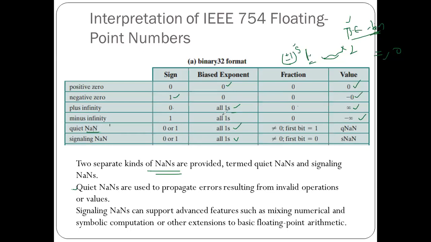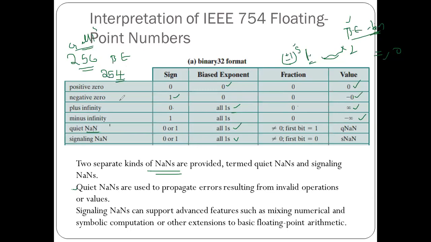Whenever we reserve all zeros and all ones for representing 0 and infinity, out of 256 possible combinations of your biased exponent, all zeros and all ones are reserved for 0 and infinity. So the available biased exponents are 254 only.